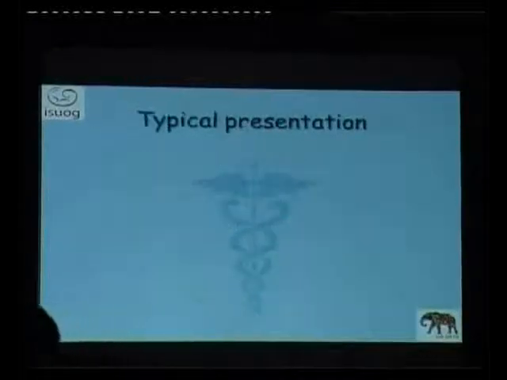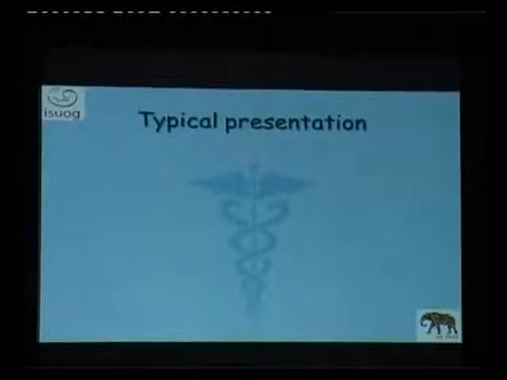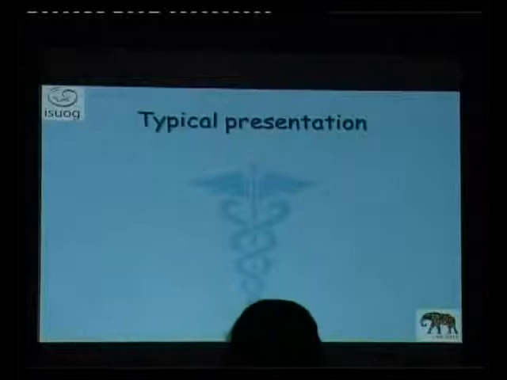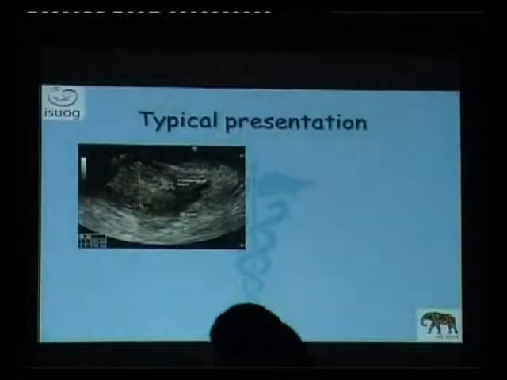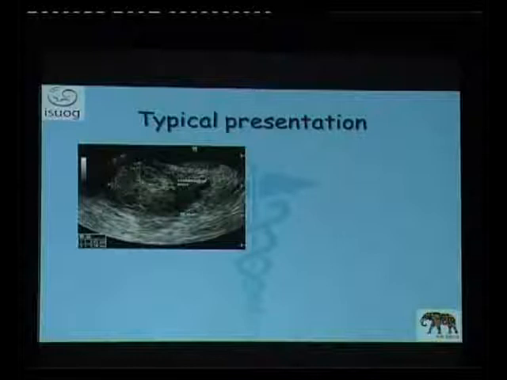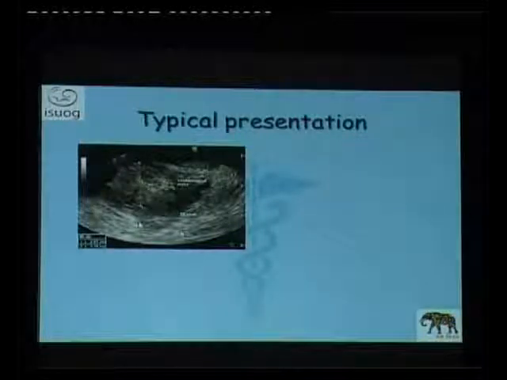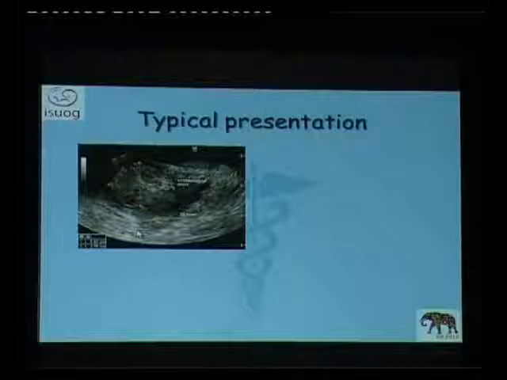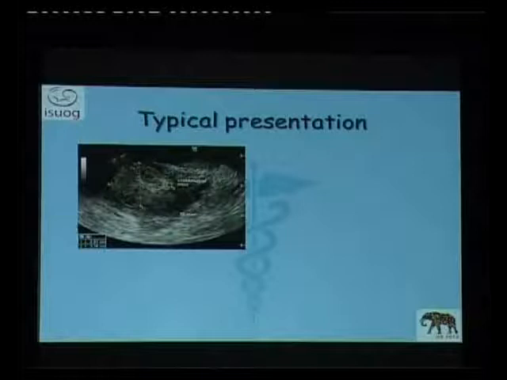Now, there are certain typical presentations which we come across in our day-to-day practice. This was a 50-year-old postmenopausal lady sent to me with 2 bouts of postmenopausal bleeding. The transvaginal ultrasound sagittal section showed a large irregular hyperechoic area with interruption of the endomyometrial interface, looking very much like an endometrial carcinoma.